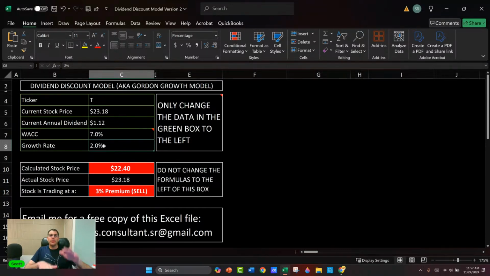So you can alter. The problem with the Gordon growth model is it's fixed. But of course, in Excel, I can make it where you can adjust it. But I just did the basic one to start. And then I'll get more nuanced as time goes on.